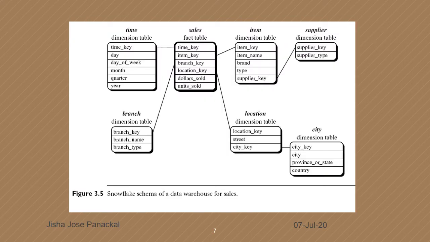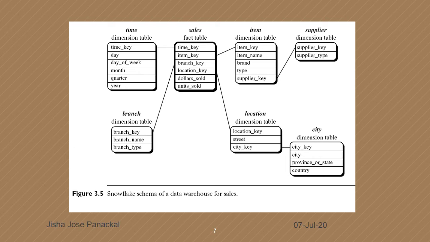In the figure, here we have the sales fact table, and we have different dimensions: time, item, branch, location. The item table is divided into two by normalizing it, so we have another table here as supplier, and we have divided the location table into a subtable, that is city.